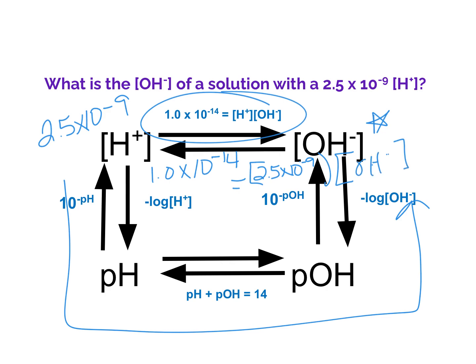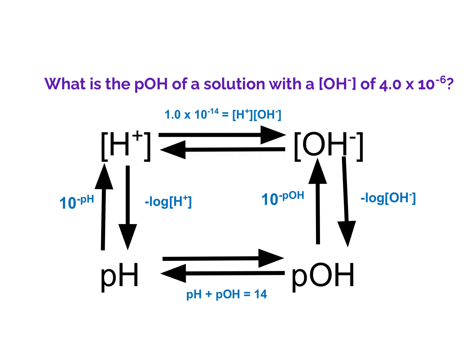So I'm going to take the 1.0 times 10 to the negative 14 and divide it by this 2.5 times 10 to the negative 9th. When you do this calculation, you absolutely have to make sure that this number is completely in parentheses, otherwise you're going to get a wonky number. And the OH concentration is going to come out to be 4.0 times 10 to the negative 6th.